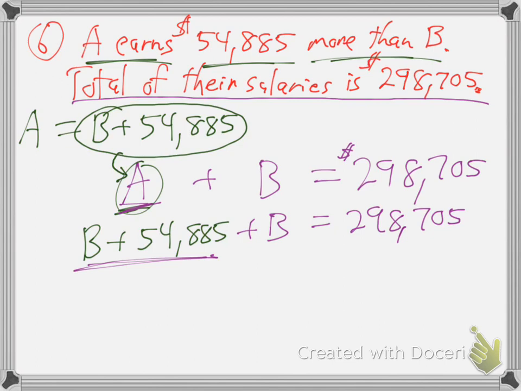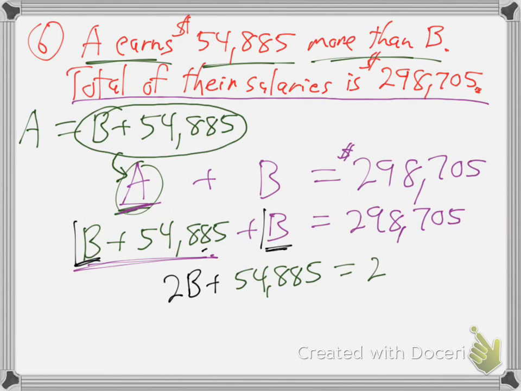How am I going to solve that equation? What do I do with the B plus the B? Combine like terms. It's 1B and 1B, so it's 2B plus 54,885 equals 298,705.